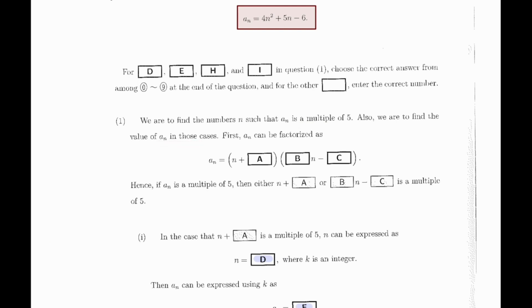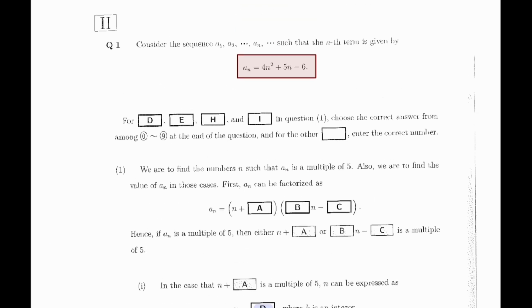First, an can be factorized. So first thing first, we need to factorize an. Since this is a quadratic expression, I think it is easy for you to factorize it. We can factorize it as 4n and n, and then minus 2 plus 3.